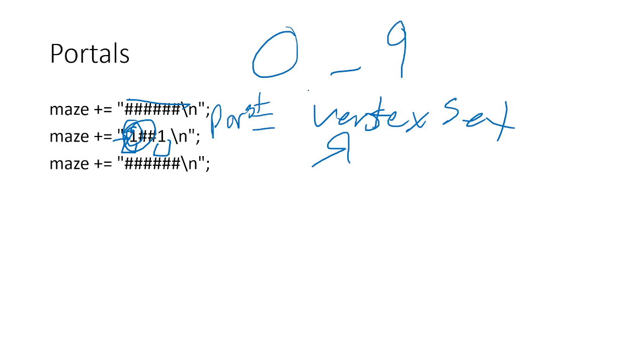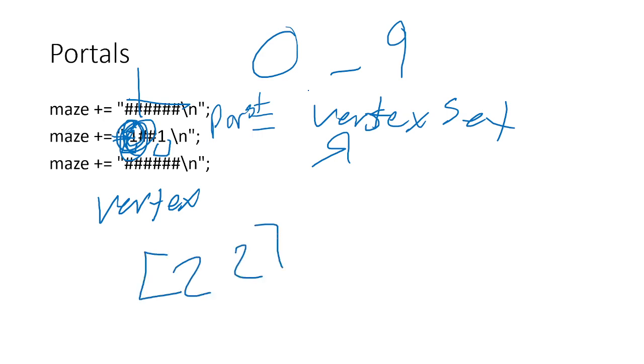So, let's say I moved through the portal, I found this guy. Hey, can I get the vertex information of this row? Well, I can tell this is row 2, column 2, or so let's just do 22 for right now. And this information is stored in the vertex set. All right. So I store this information, this row and column, with the character itself.